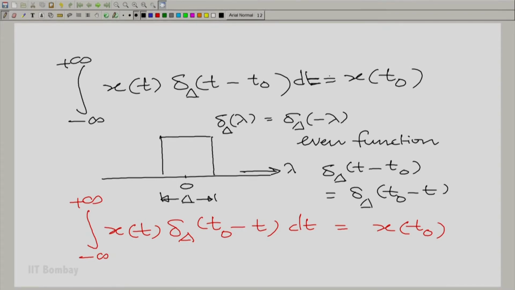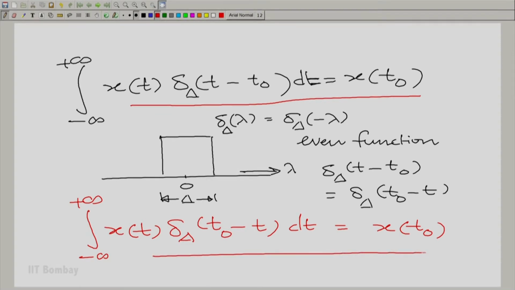You see, this equation here and this equation here have a totally different meaning.